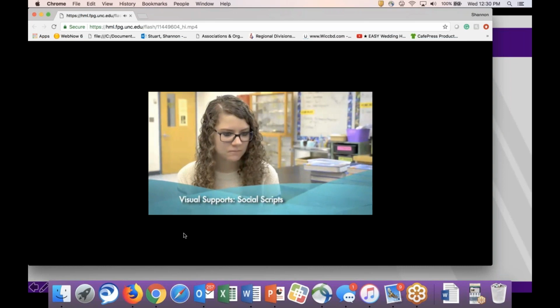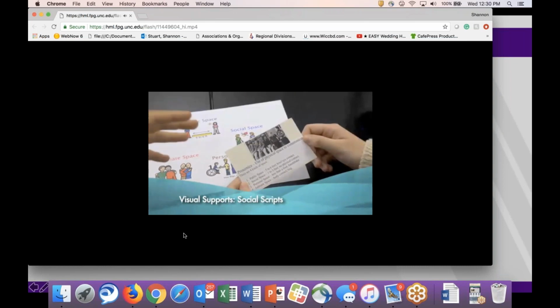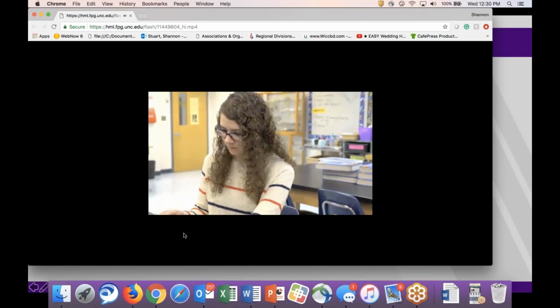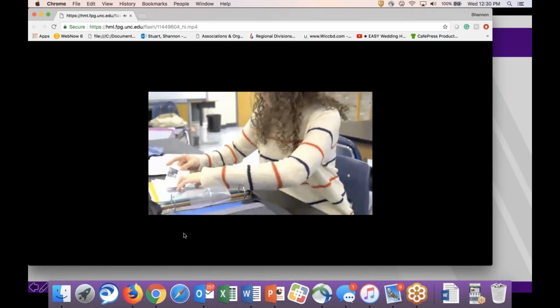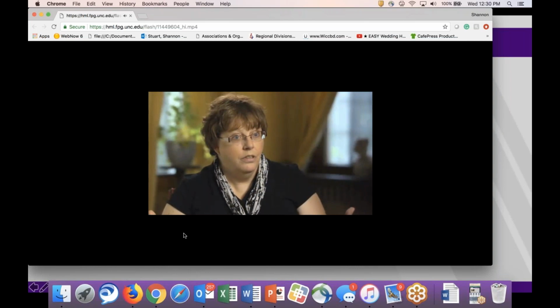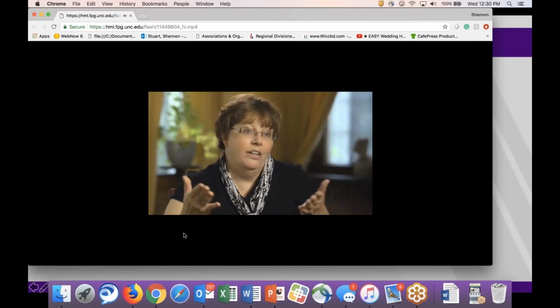Another type of visual support is what's called a social script. Social scripts tell the student what to say in a particular situation. Quite often, the resource room teacher can write the scripts, and the student can have them on note cards or on a piece of paper in his or her notebook.